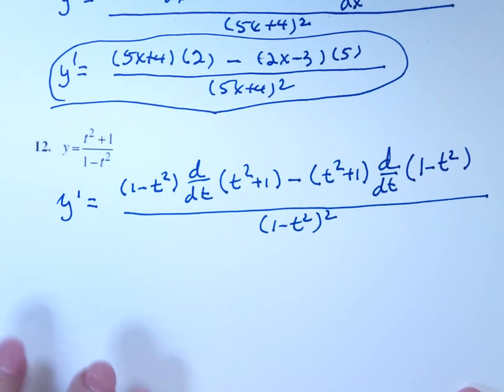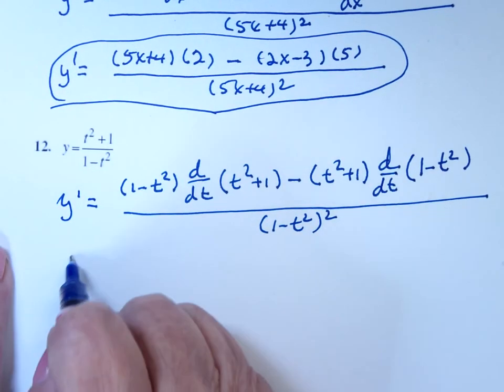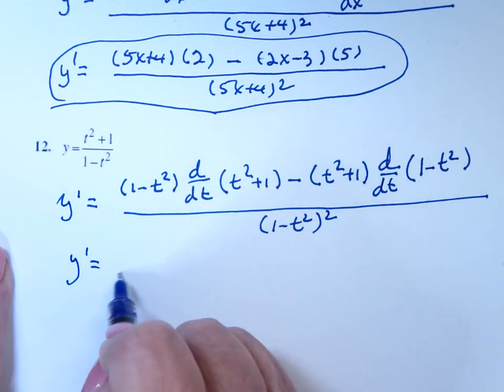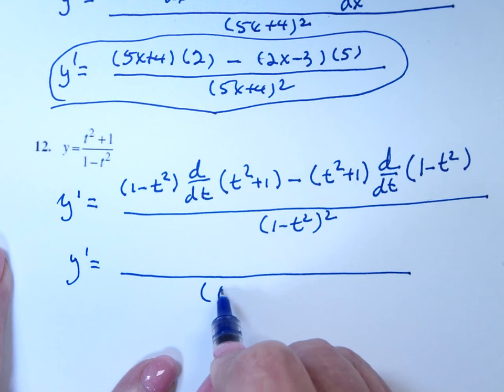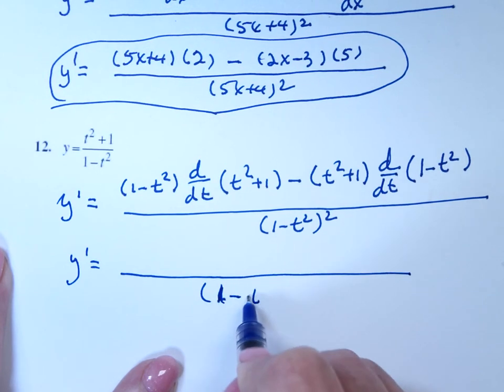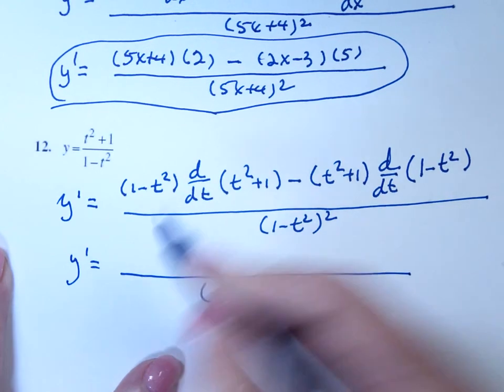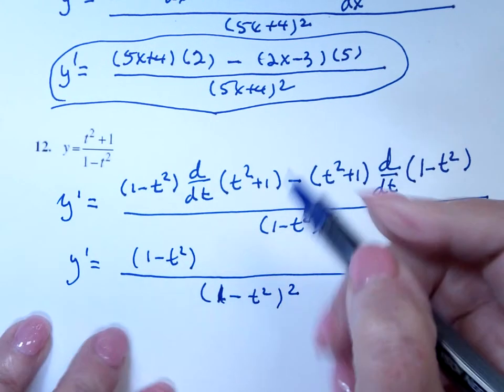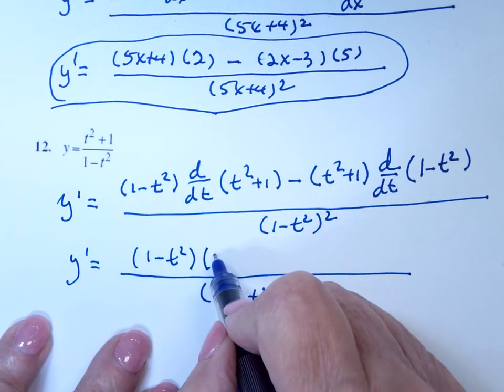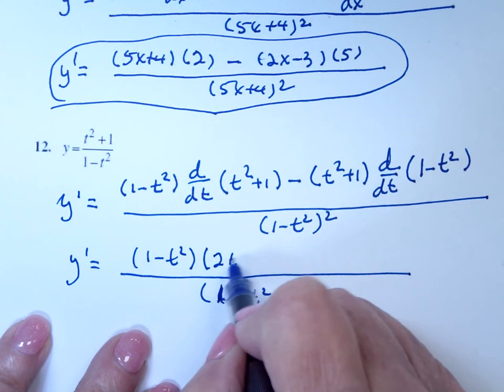Now I've got the rule written out. So it's 1 minus t squared, squared. What's the derivative of t squared plus 1? 2t.